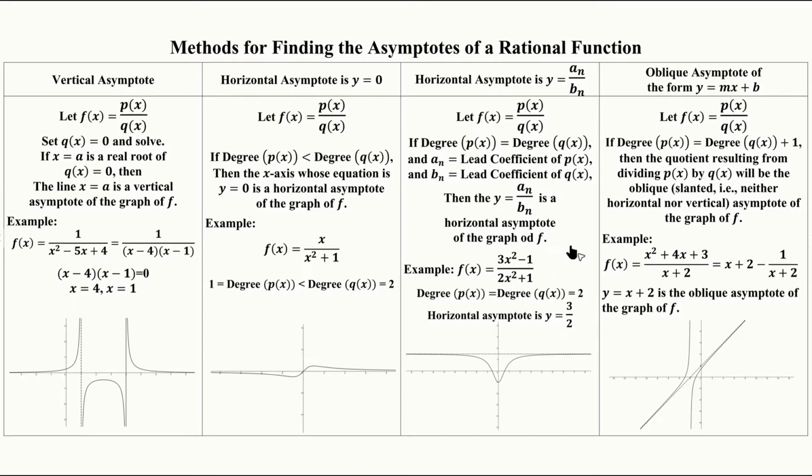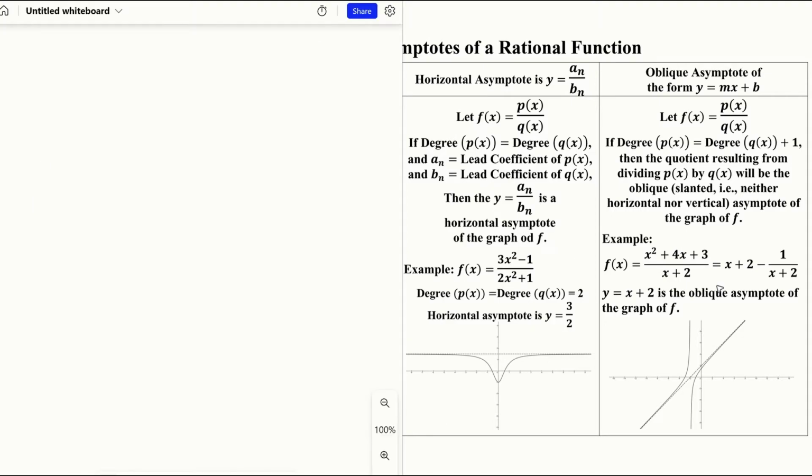So once again, the question is why, right? So let's take a closer look again. All right, so we have f of x equals 3x squared minus 1 over 2x squared plus 1.